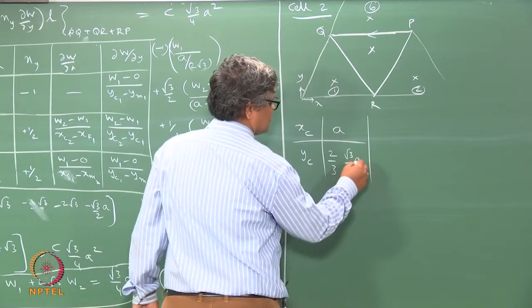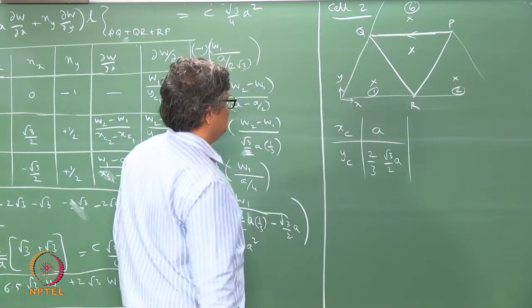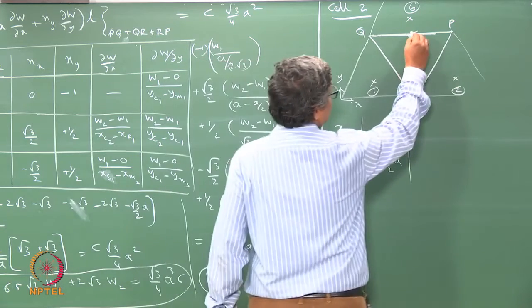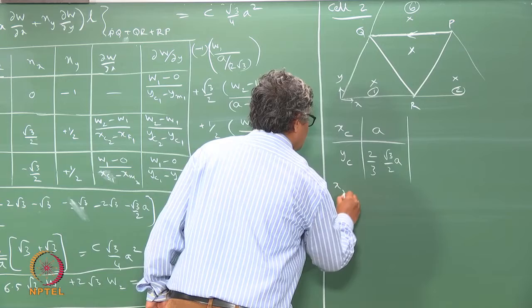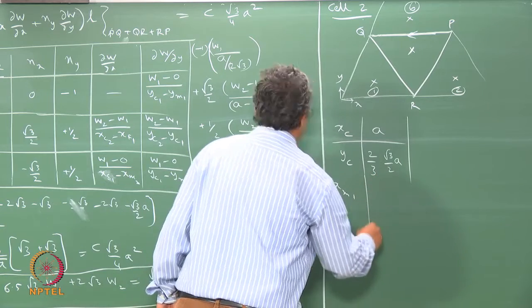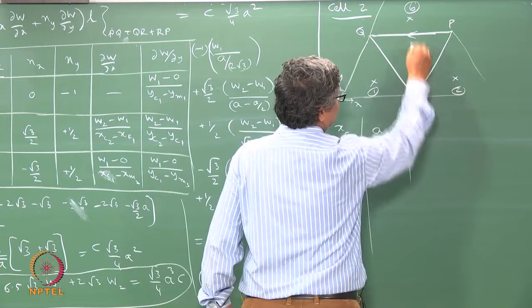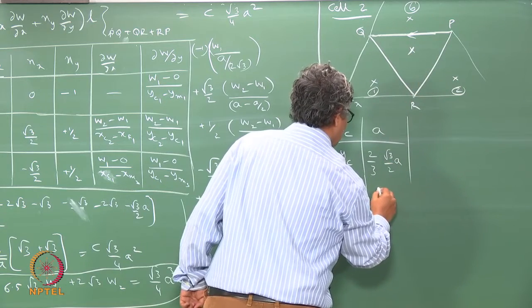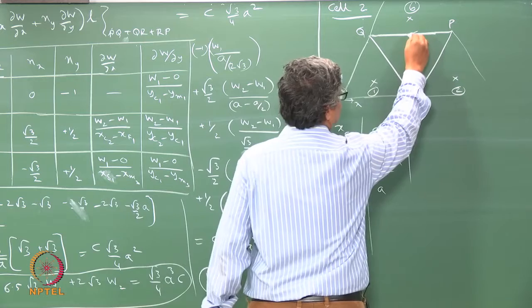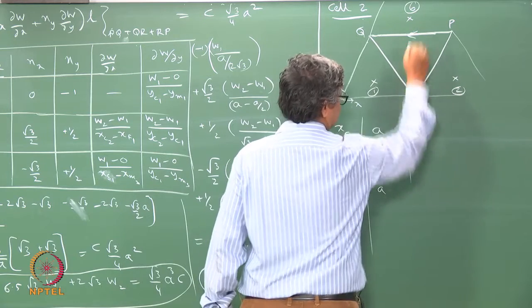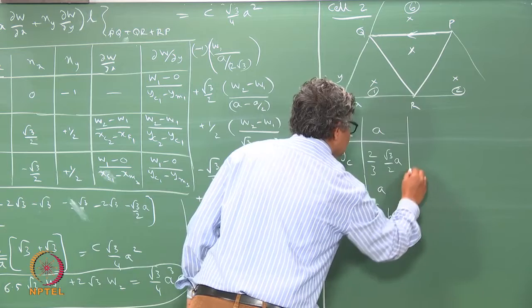So, this is equal to square root of 3a. Now this is our xm1. So, that is this point here and that is at a here, and ym1 is this height. So, that is h, so it is square root of 3/2 a.